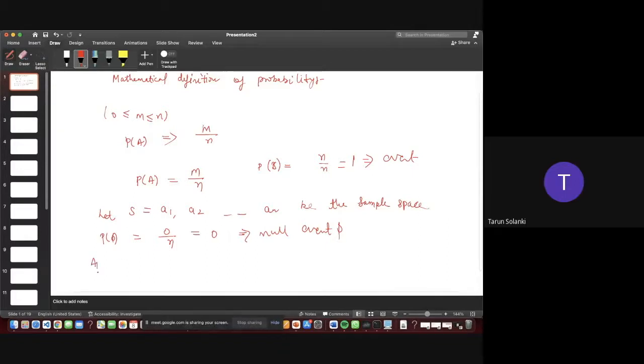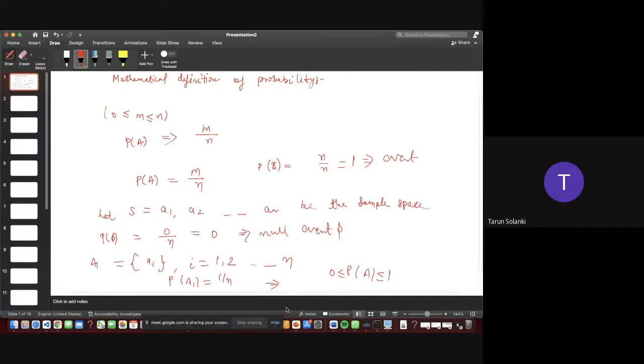If A is equal to Ai, where i goes from 1 to n, then Ai is the event corresponding to a single sample point, and we can write P of Ai is 1 by n. That is, 0 is less than or equal to P of A is less than or equal to 1.